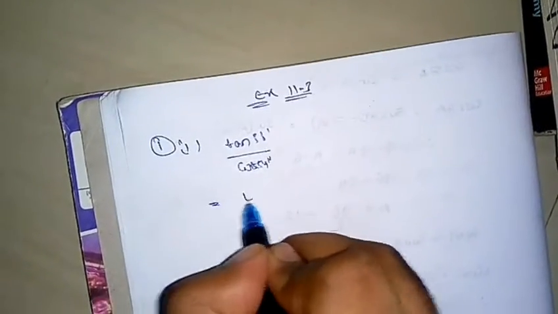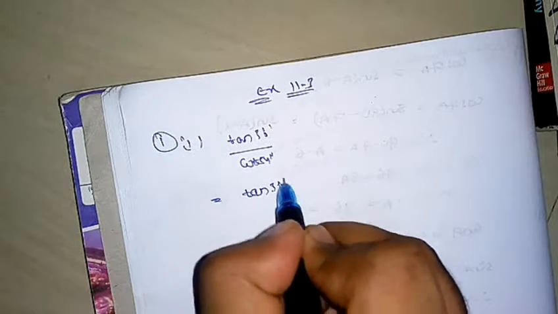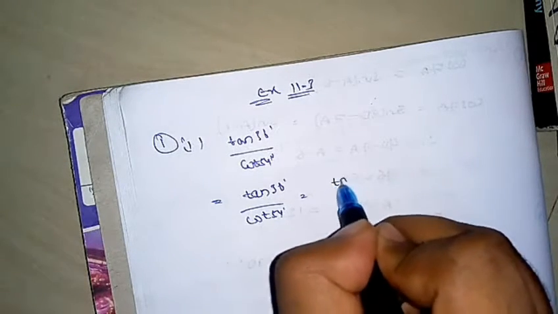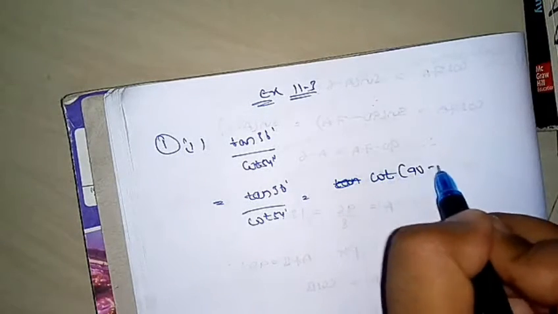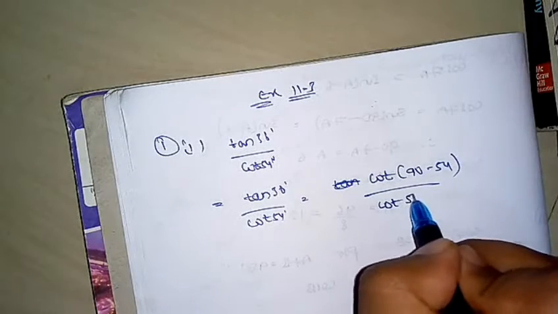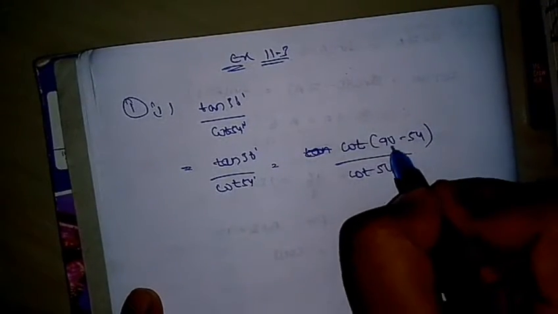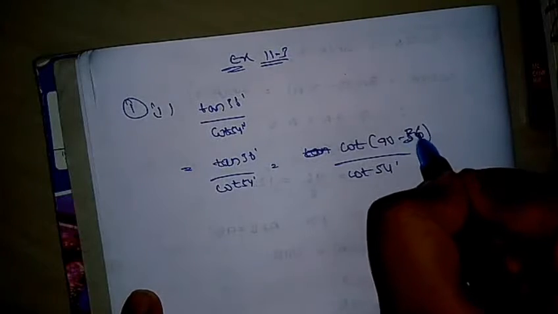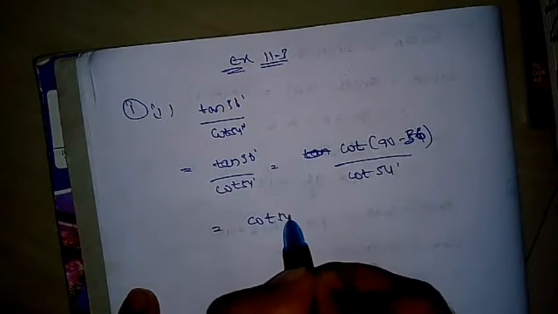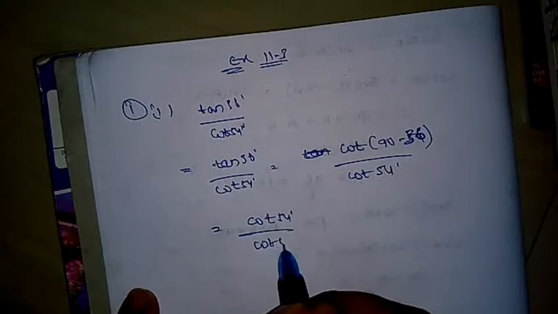Tan 36 degrees can be written as cot of (90 minus 36), since 36 is equal to 90 minus 54, by cot 54 degrees. So it is cot (90 minus 36), which is equal to cot 54 degrees by cot 54 degrees, which is equal to 1.